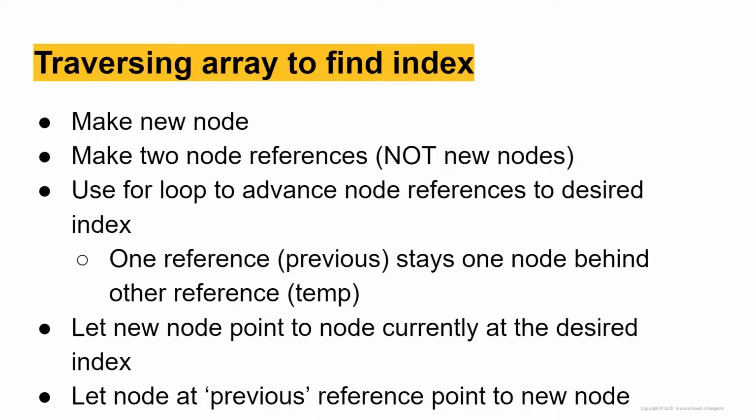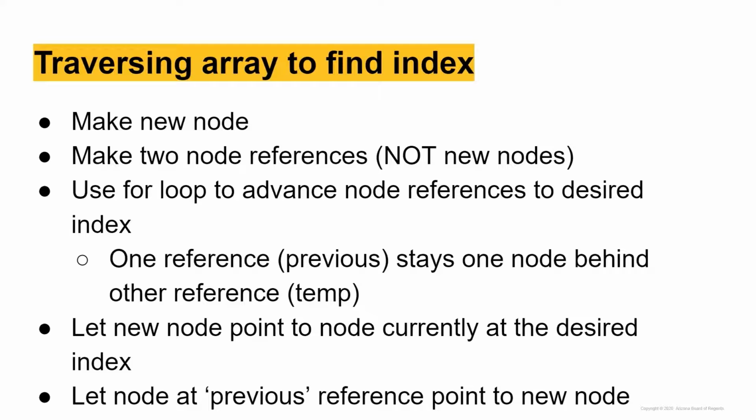This is once we found the index that we want to insert it at. We're going to make the new node point to whatever node is currently at that index, right? We're going to say, move over, we're taking your spot here, push everything to the right or to the left, depending on how you're imagining this.